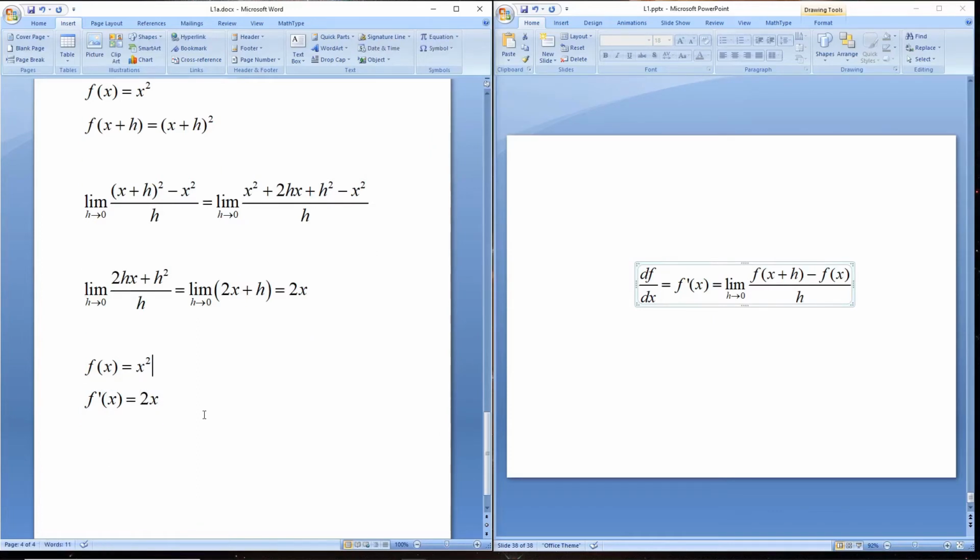So back to my original question. What is the slope at 4? If you plug in 4, you get 16. That's the function value. But if we plug 4 into the derivative, we find the slope is 8.